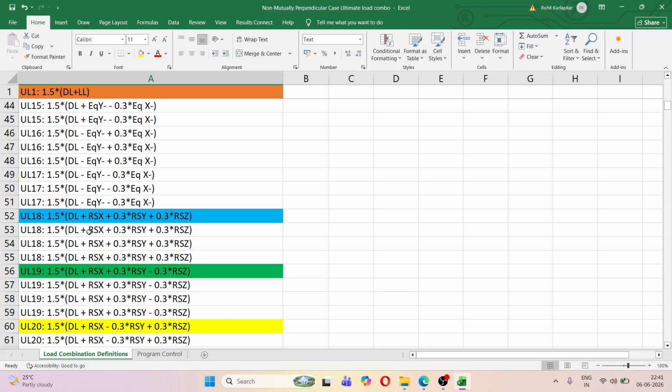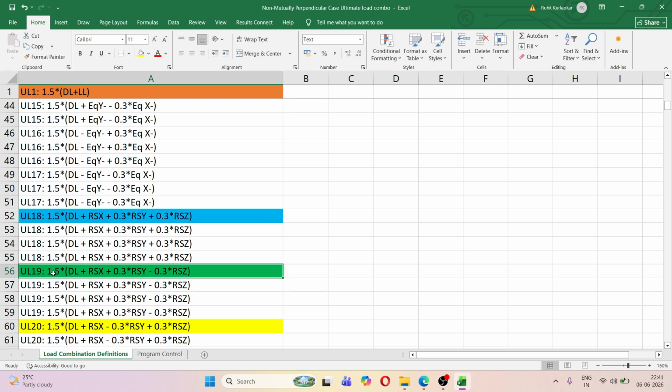As there will be vertical analysis in response spectrum and time history, you can study this case: 1.5 dead load plus response spectrum x plus 0.3 response spectrum y plus 0.3 response spectrum z. Okay, we have created this with all positive signs.